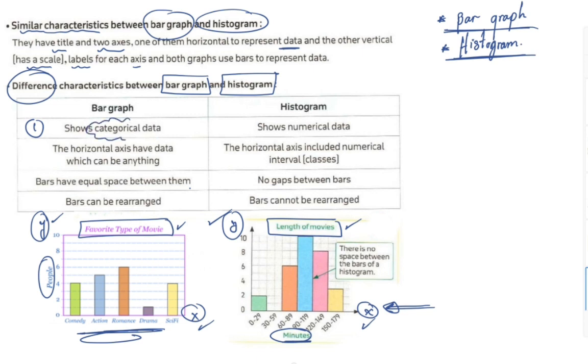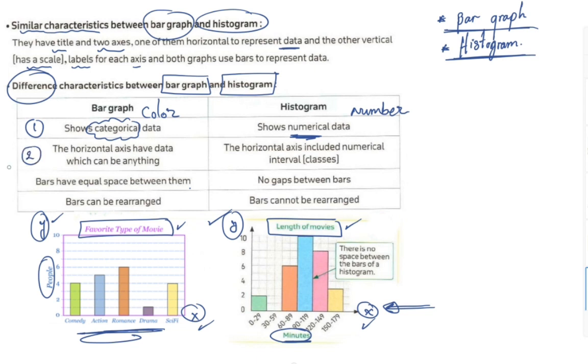Categorical data is like color. Numerical data is just numbers. Note with me. In this bar graph we have people here as numbers, but on the x-axis comedy, action, romance, drama, and so on. This is called categorical data. But here we have numbers on the x-axis and numbers on the y-axis. This is the first difference.